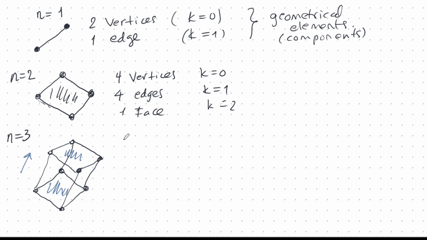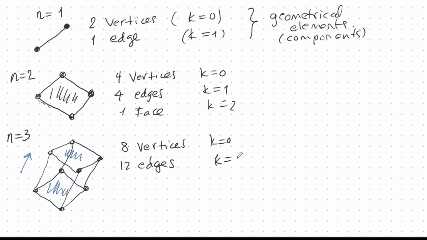Great. And let's count the components, the geometrical components. How many vertices? 4 and 4, so that's 8 vertices. These are the k is 0. N is 3, k is 0. Okay, how many edges? We have 12 edges if you count them. Edges of a cube, it's 12.